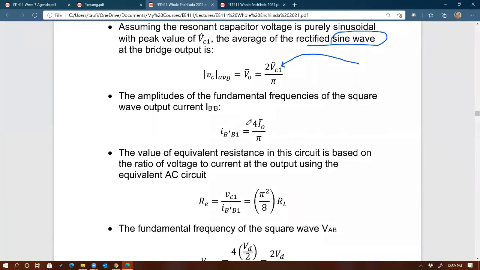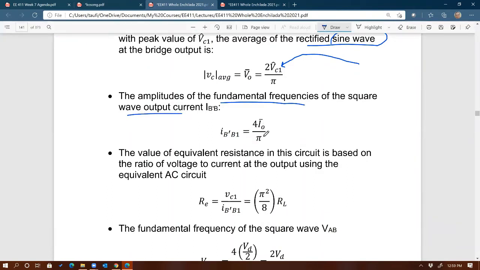And then the current, the same way, the current IB prime B1: we only look at the fundamental component of that current, and the peak of that component is 4 times I out over pi. That's for a square wave. So the amplitude of the fundamental frequency of the square wave output current is 4 times I out over pi.